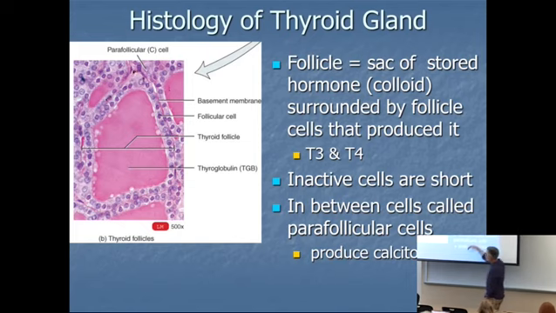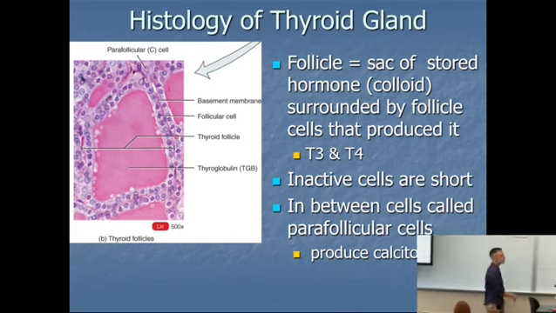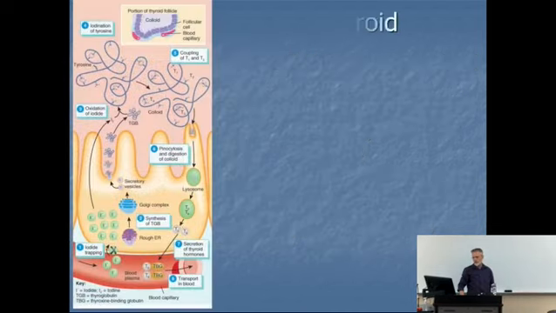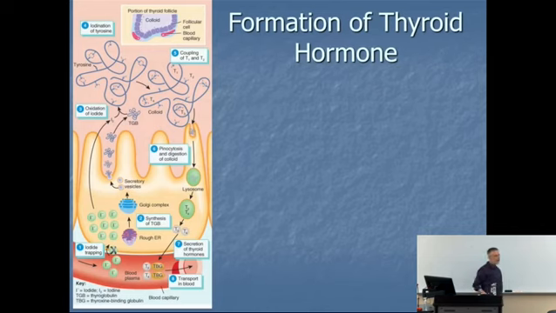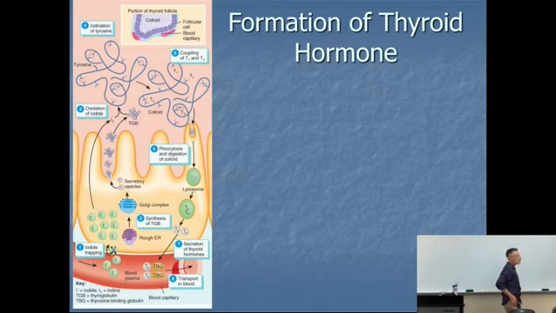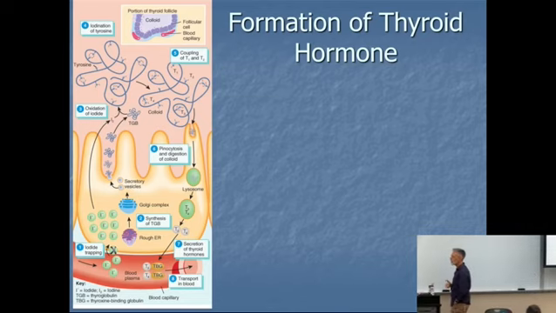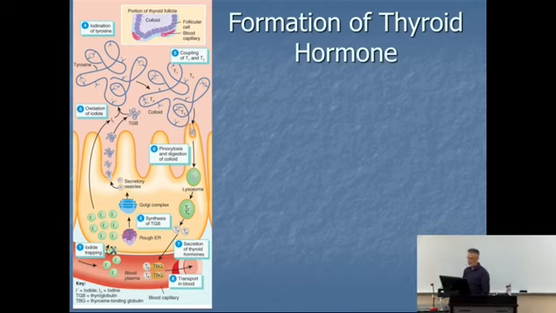And then our parafollicular cells are putting out calcitonin, which has a totally different function. We know calcitonin, as the name indicates, helps us regulate calcium levels in the body. Whereas thyroid hormone regulates our metabolism, the series of life-sustaining chemical reactions that are occurring in cells. How fast we're processing energy in those cells using those chemical reactions is what thyroid hormone is doing.